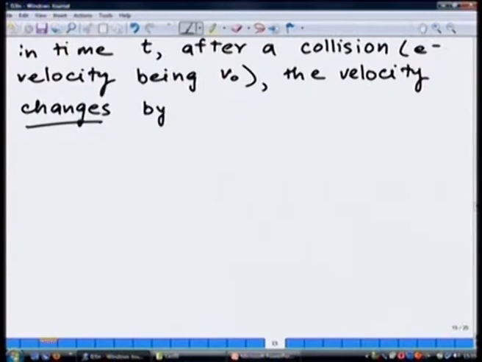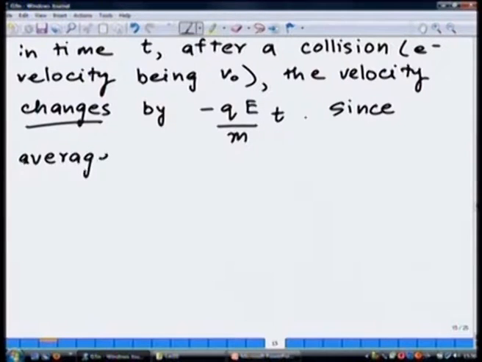This change is equal to minus q E, the force, divided by the mass of the electron, which is the acceleration, multiplied by time t. The velocity changes by this quantity, and then the electron collides with the next ion.